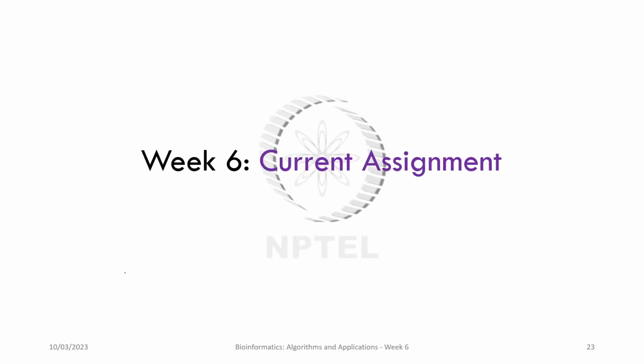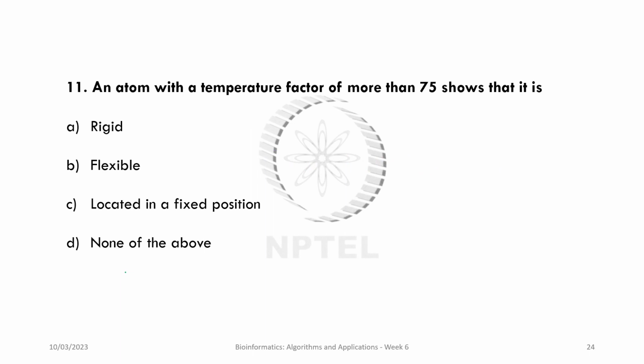So we'll go into the current year's assignment. An atom with a temperature factor of more than 75 shows that it is: option A rigid, option B flexible, option C located in a fixed position, and D none of the above.